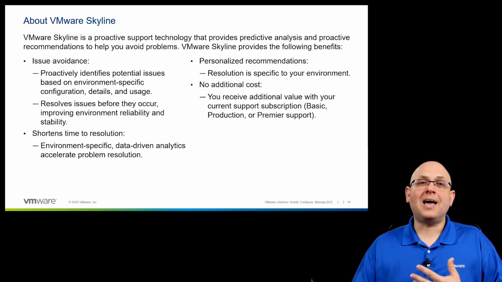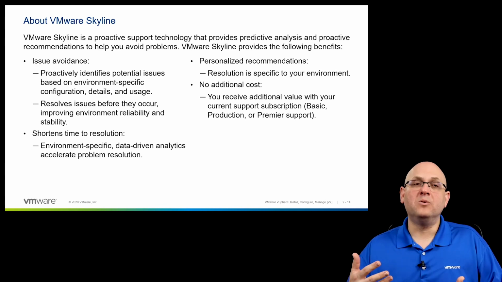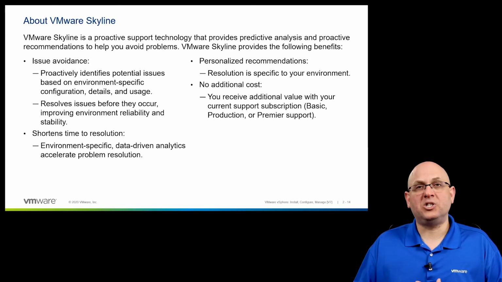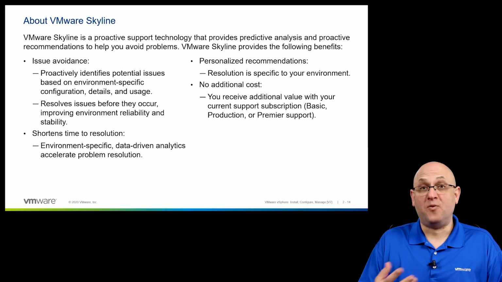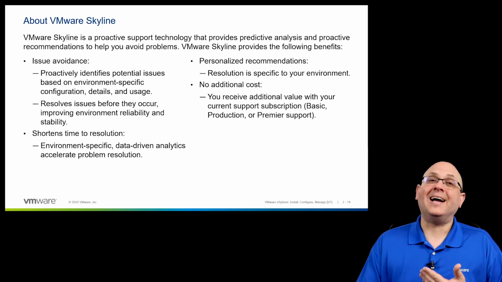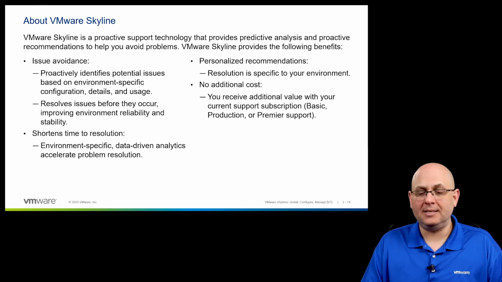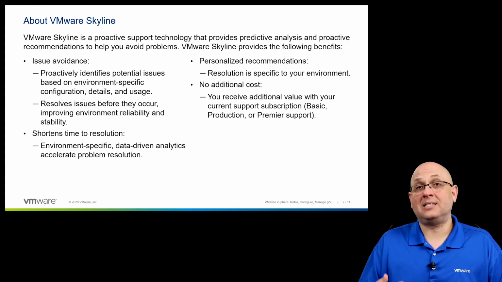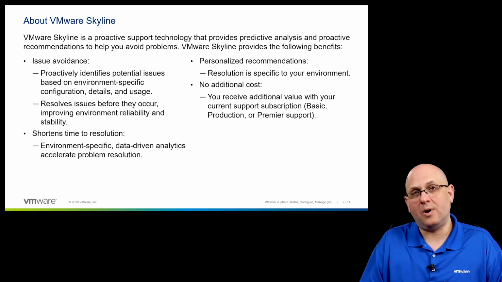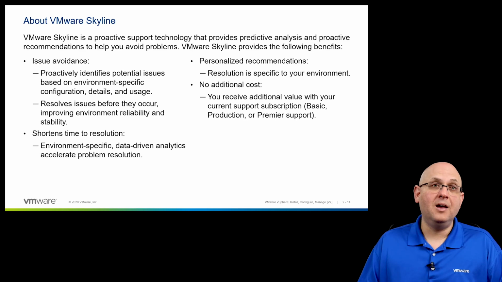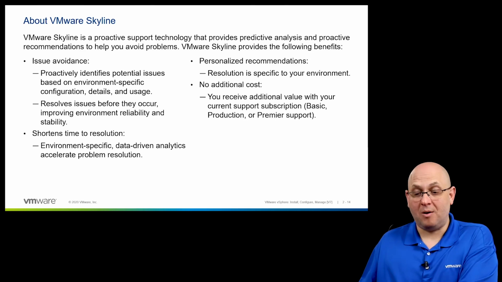Okay? And Skyline can inform you proactively when there might be some hardware issues going on in the environment. Okay? This allows us to avoid potential issues, identifying things like hardware incompatibilities, identifying things like hardware failures or component failures within the hardware, allowing us to resolve these issues really before they become major problems.